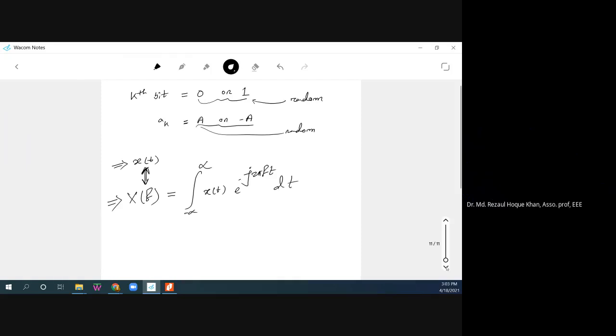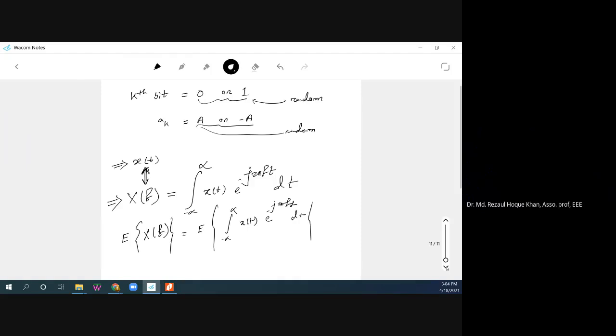This is the Fourier transform. What is the expected or average value of this Fourier? The expected value of this frequency domain signal is the expected value of the integral from minus infinity to plus infinity of x(t) e to the power minus j 2 pi f t dt, right?